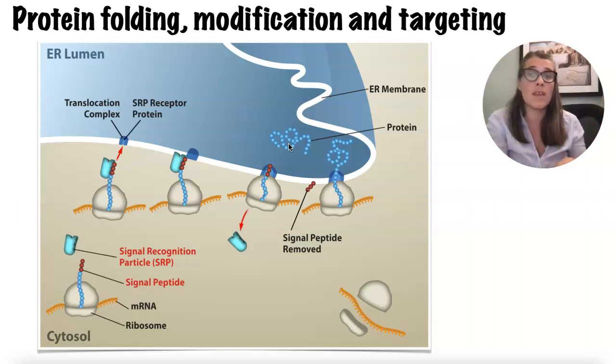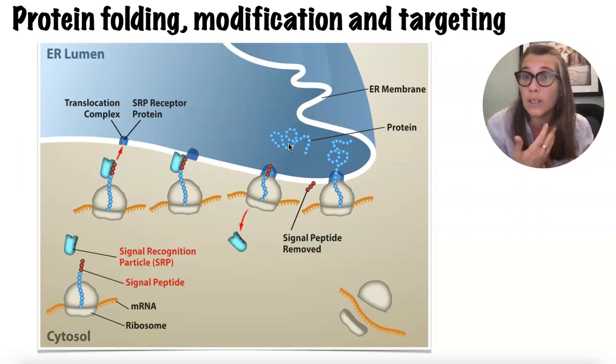If I'm making a component of a channel, I need to bring this component out, and remember how we bring in and out components that are too big? We use exocytosis, right? So put all your information together, but that is after you make your proteins.